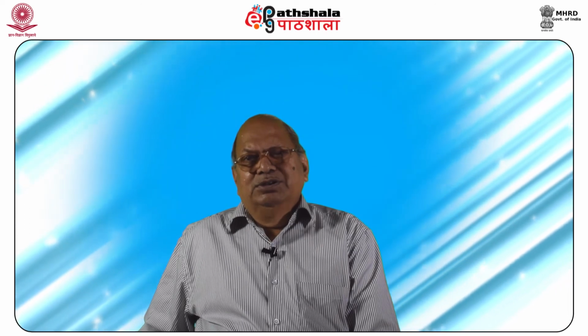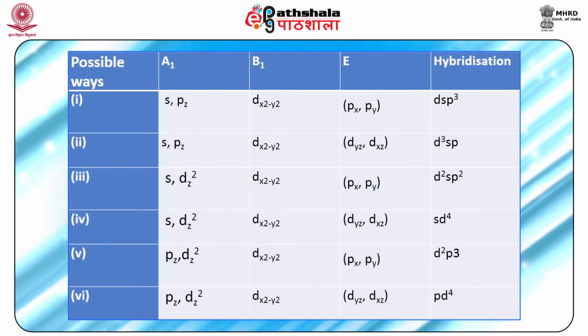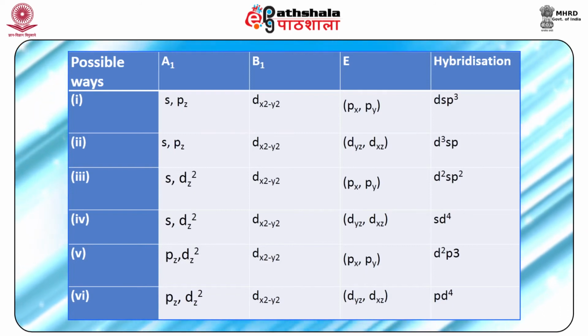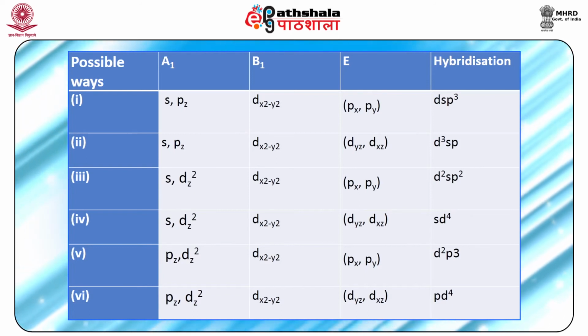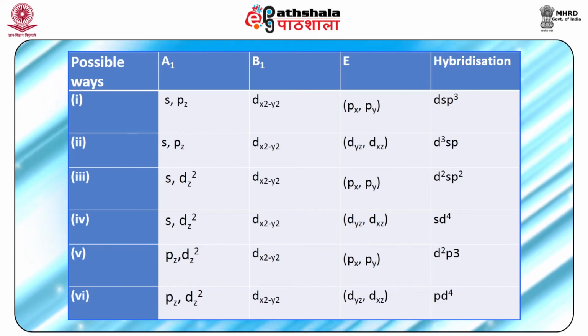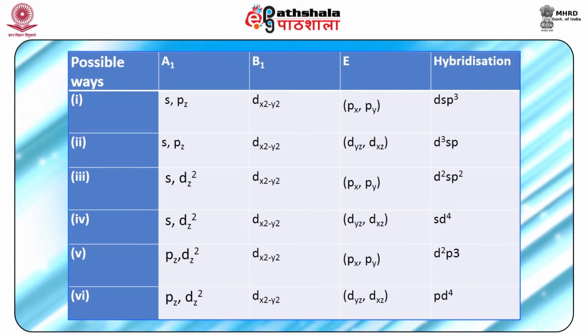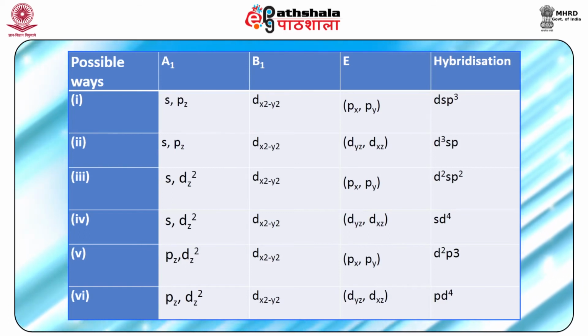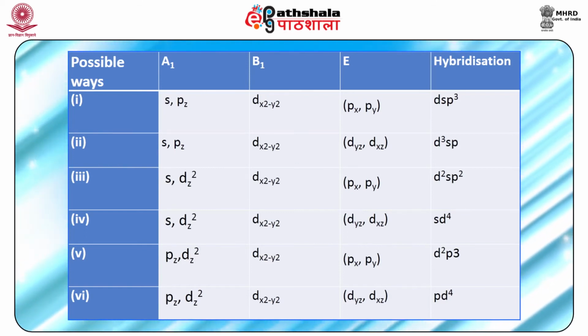By using this, we have the possible combinations corresponding to 2A1 plus B1 plus E symmetry, and these results are summarized. Possible way number 1 is s, pz, dx square minus y square, px, py, that is dsp3.